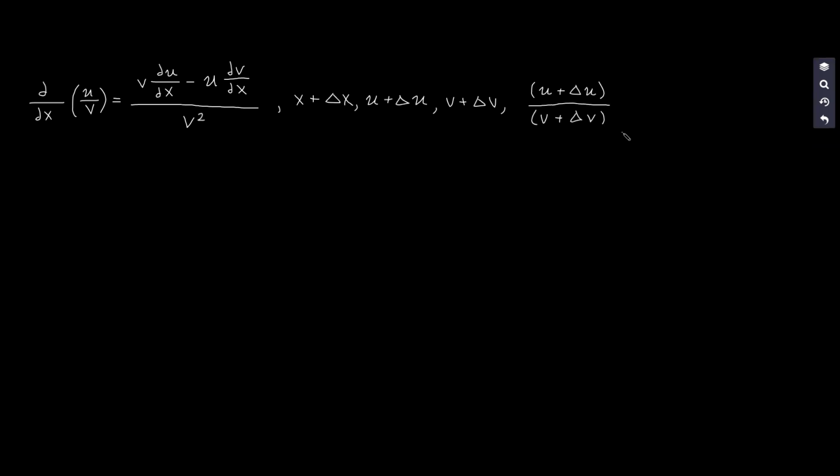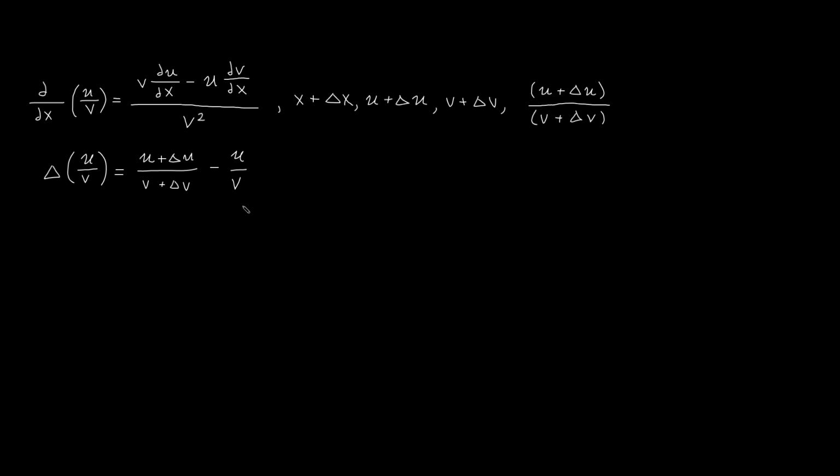So taking this all into account, we can write an equation that shows the amount of change. We could say that the change in u over v is going to equate to u plus the change in u over v plus the change in v, minus u over v.